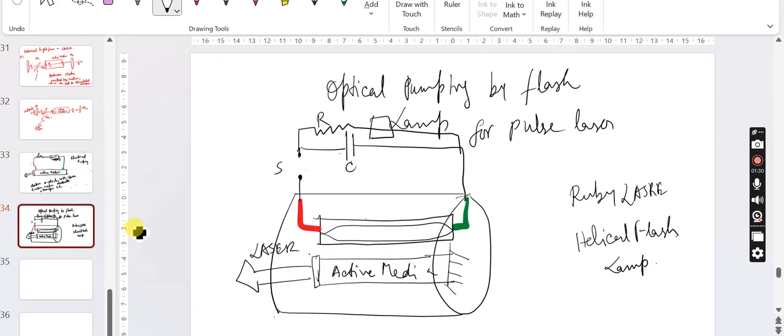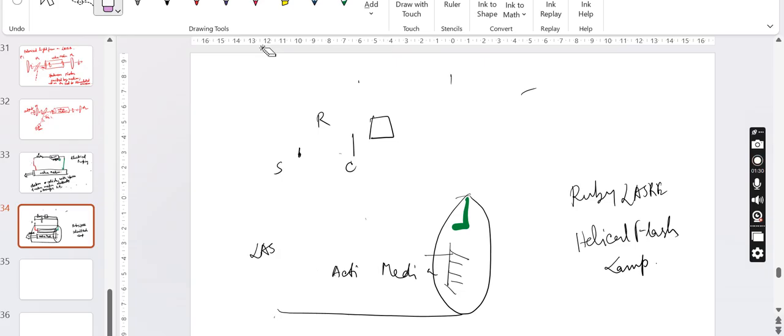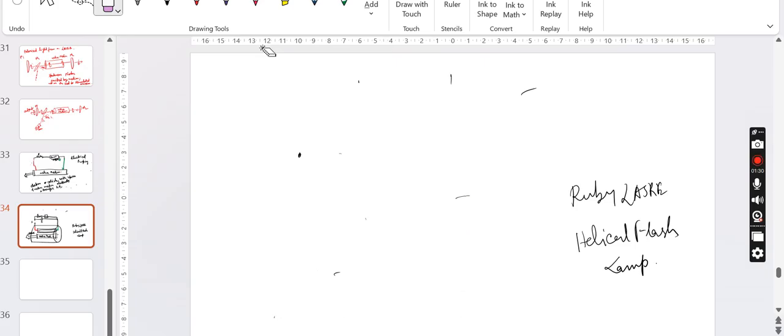Here also, in the pulse laser module, it is a bit different. Here the anode and cathode are not used at the ends of the gas medium.